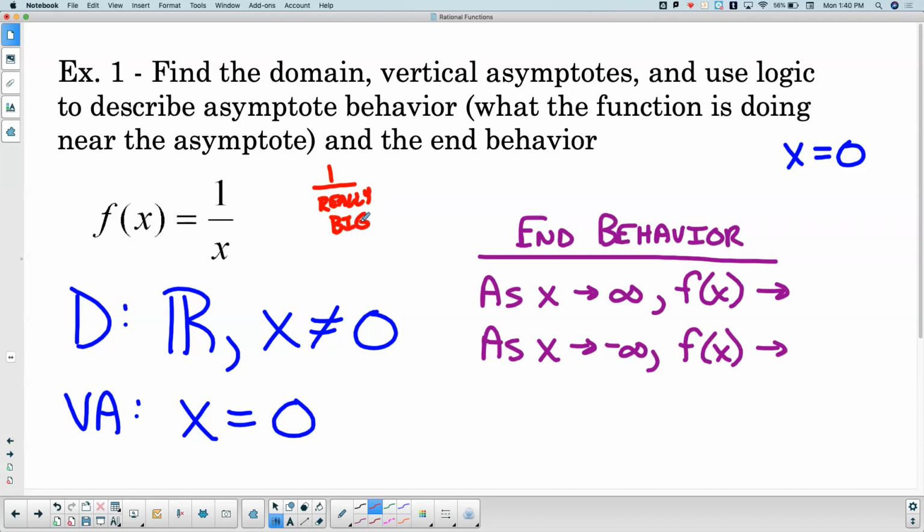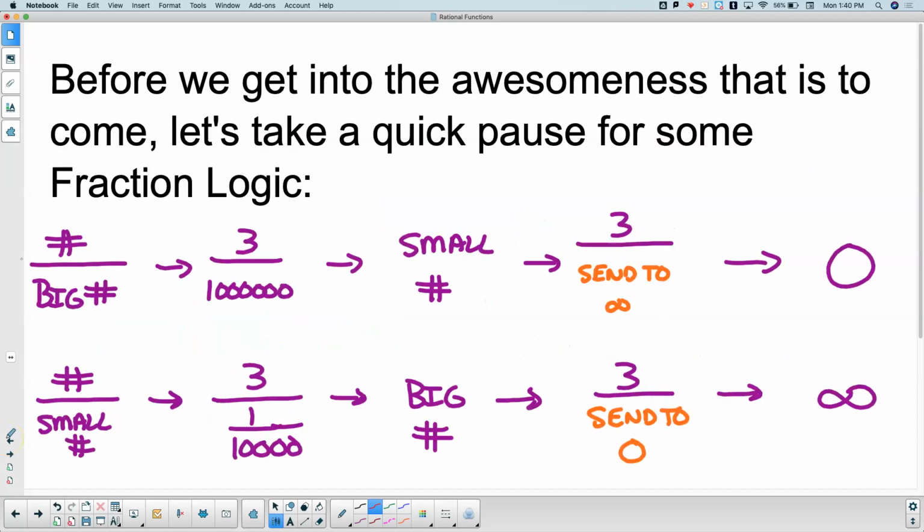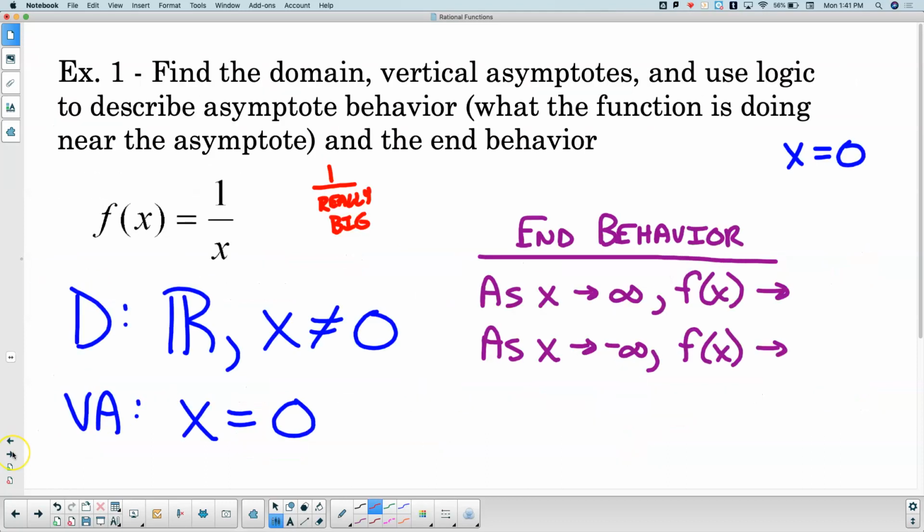From fractional logic, that's going to be small, which means if I send it to infinity, it's going to be 0.